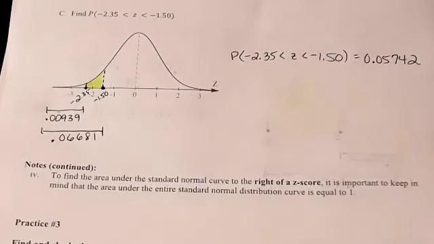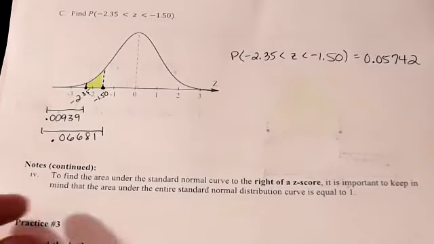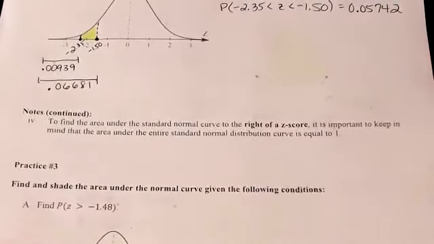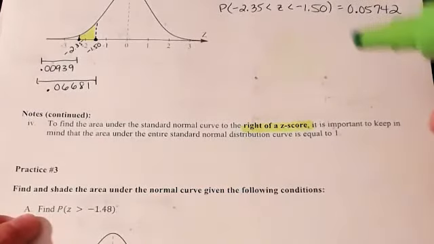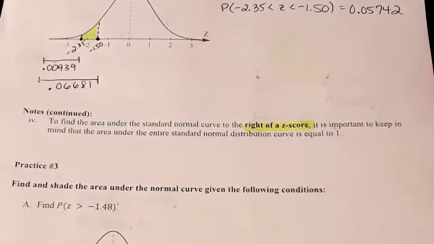We already discussed this. Angelica already revealed this piece to us. So notice it says, to find the area under the standard normal curve to the right of a z-score, which is going to be something that you should highlight. It is important to keep in mind that the area under the entire standard normal distribution curve is equal to 1.